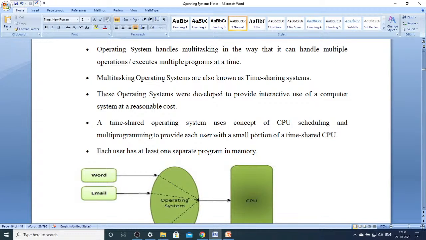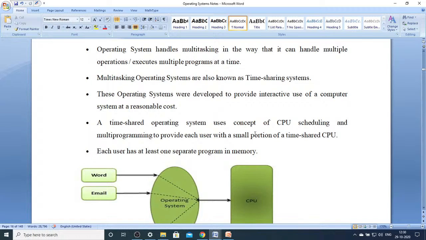And even with regard to time sharing systems, you need to explain round robin scheduling, because there we have the round robin or time slicing technique, where we assign a particular time quantum to each and every job, so that all of them get an equal chance of being executed by the CPU.